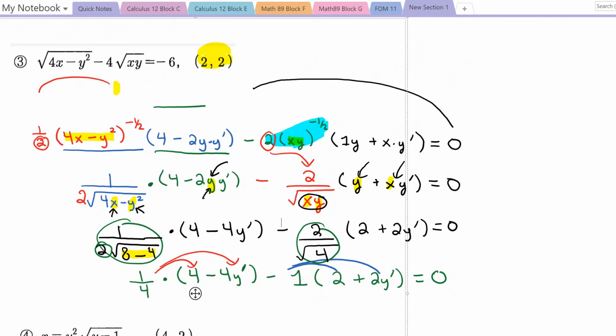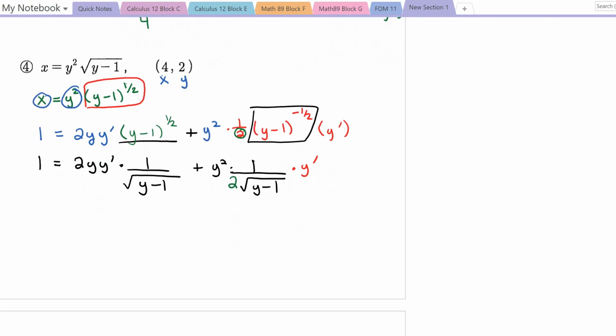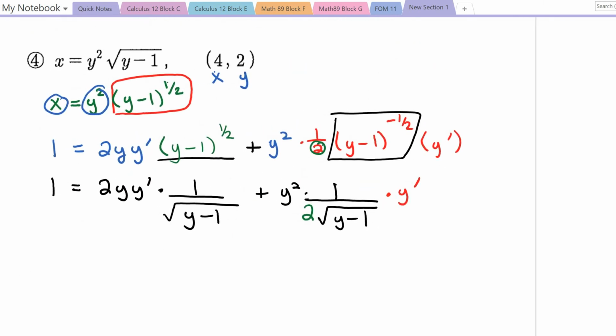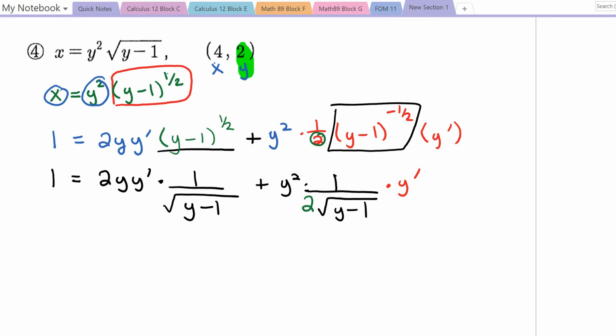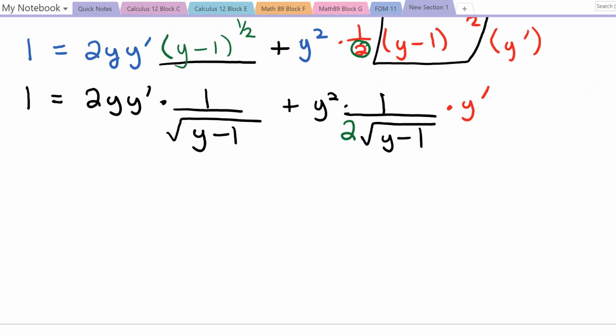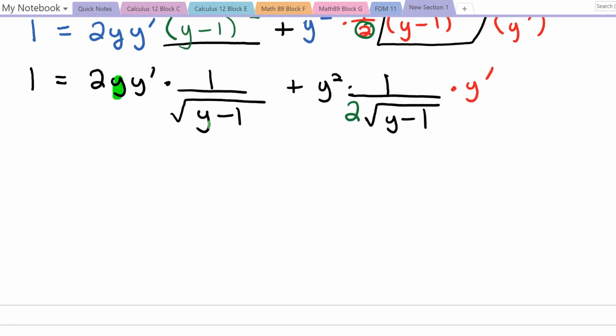If I go back to the original problem, the y value has a value of 2. So anytime I see a y in my problem now, I'm going to replace it with 2. Here's a y, there's a y, there's a y, there's a y. All those y's will be replaced with the value of 2.